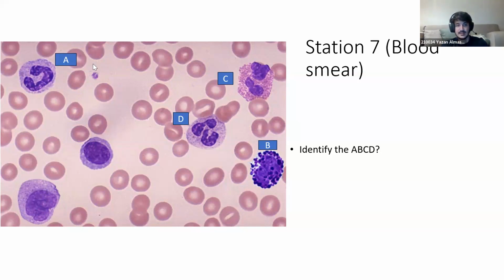So A is a band cell, or the left shift neutrophil. D is an actual neutrophil. Not all of them are an actual neutrophil, but this one is just a normal neutrophil. C is an eosinophil. Why? Because it's pink. B is basophil.